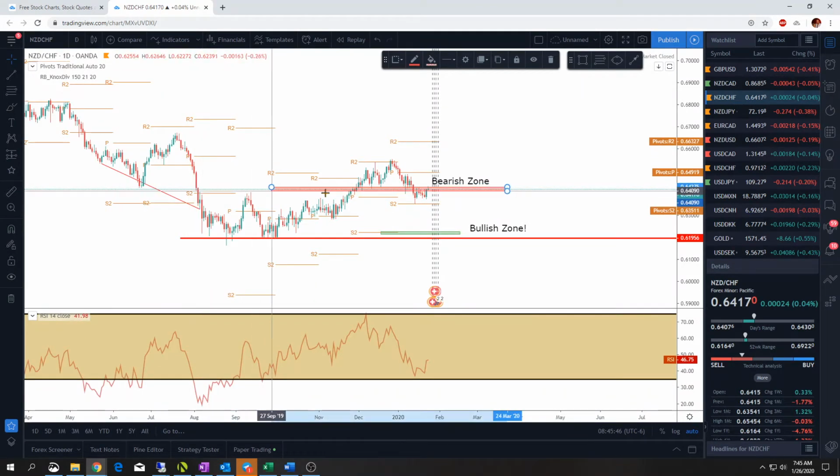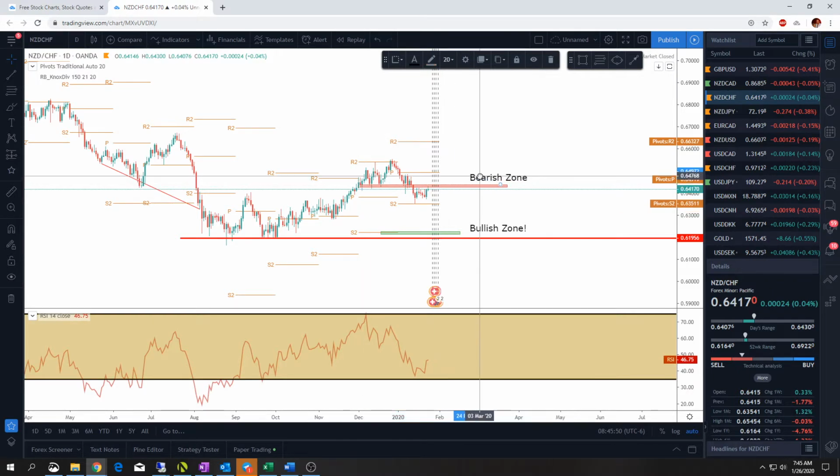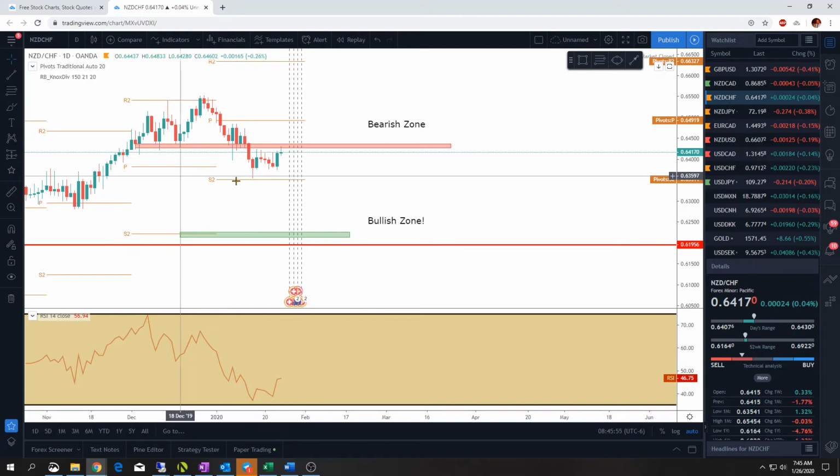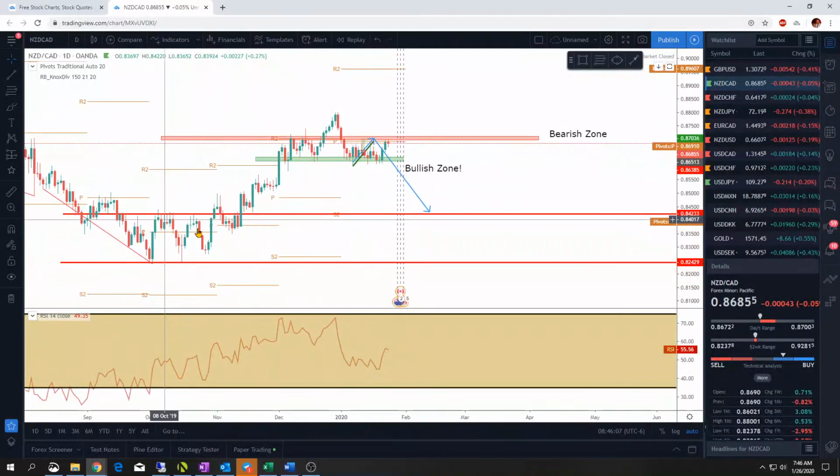Let's shorten this so we know that we're just looking at that area, nothing further back. So if you guys see that, this pair is definitely on the hot list for shorting on the open today. All right, let's look at New Zealand dollar, Canadian dollar.